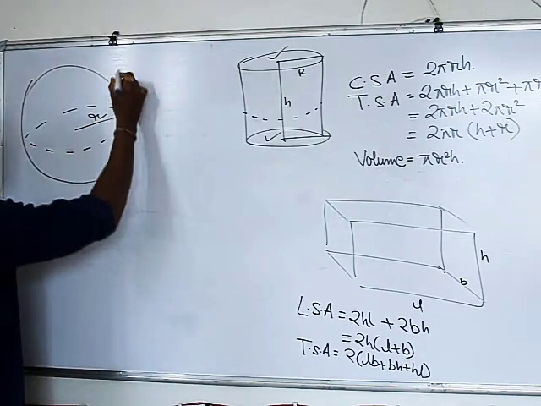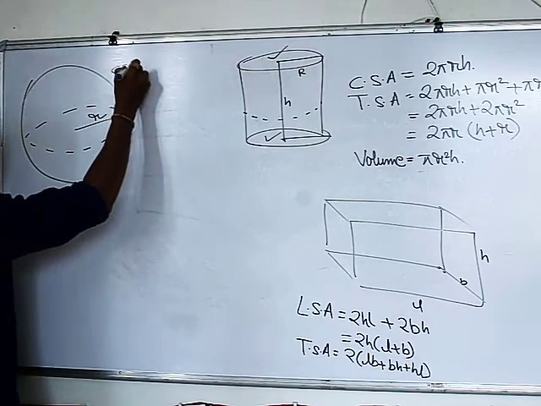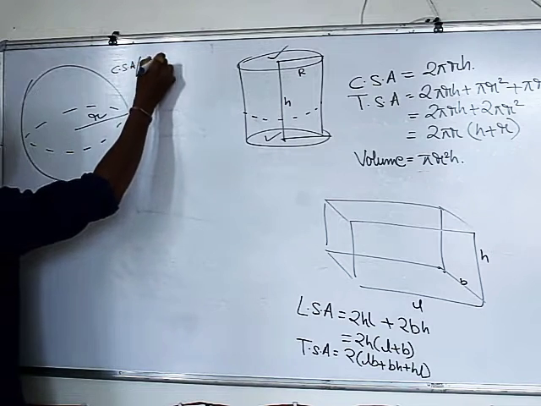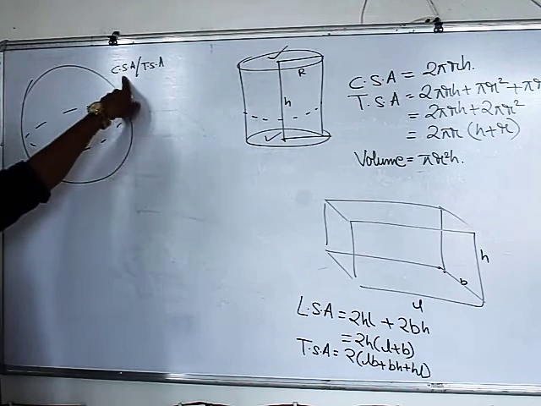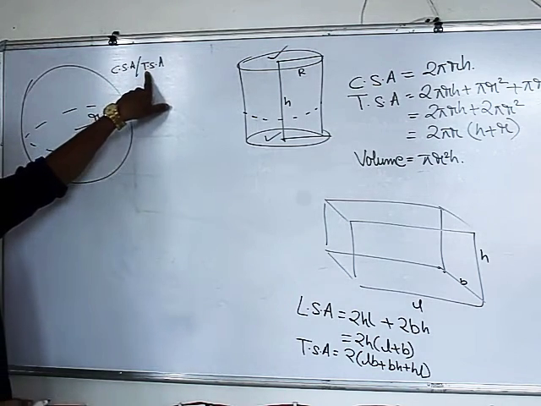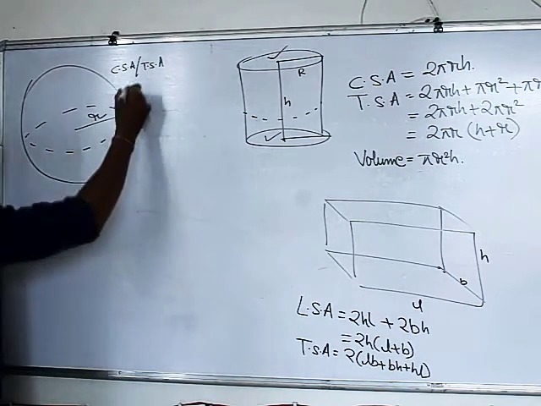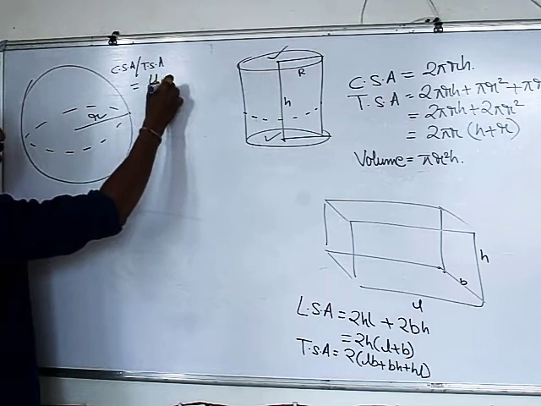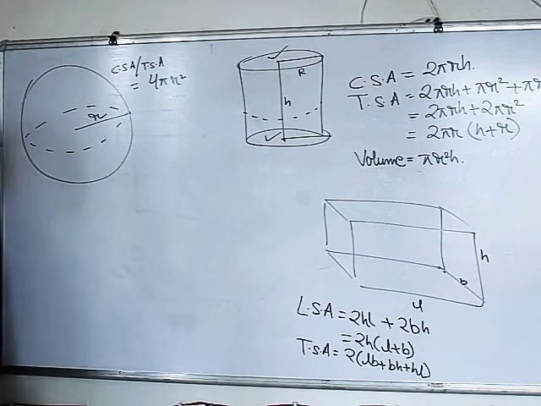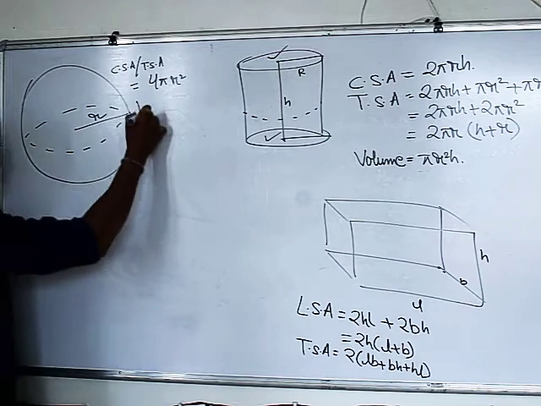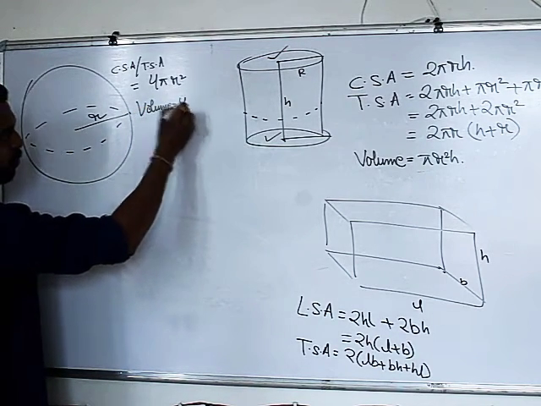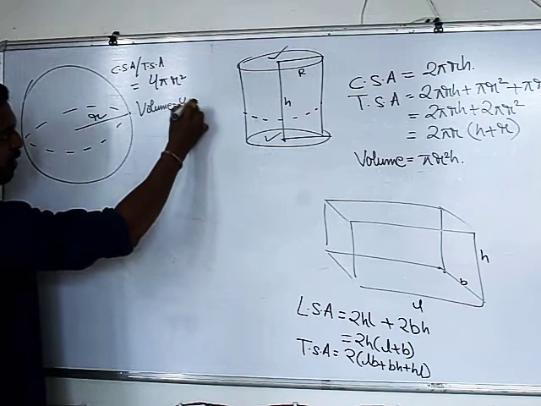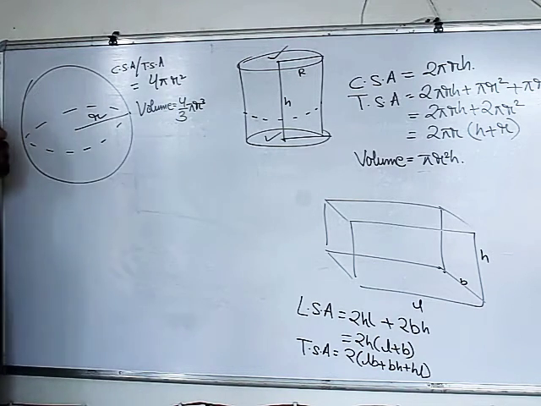So the formulas will be CSA or TSA. These both will be same for this sphere. Formula for CSA and formula for TSA will be same. So formula will be 4 pi r square. Then after that, for volume, what will be there? 4 by 3 pi r cube.